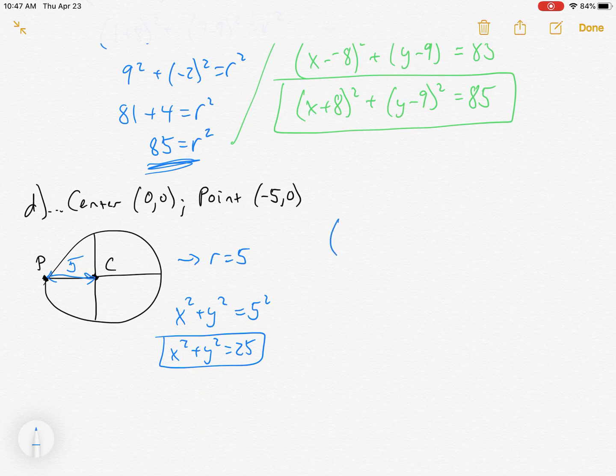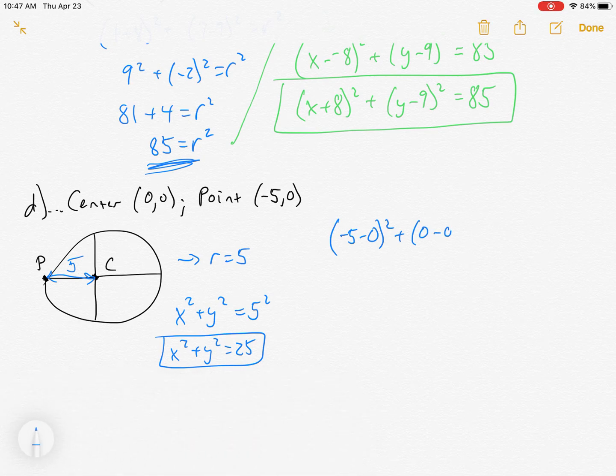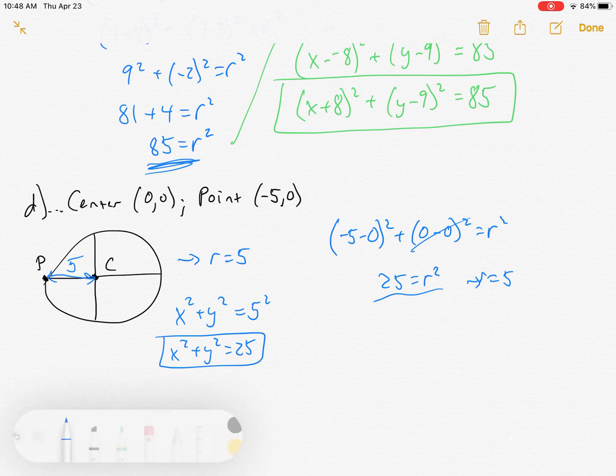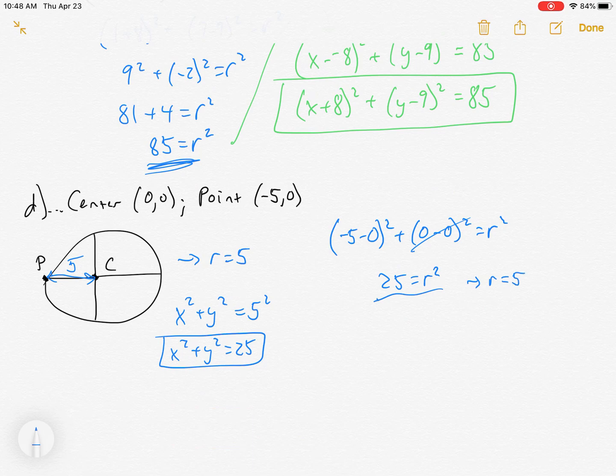Now let's say you didn't think that. You could have done all this other work, which I'm just going to fly through and show you. You could say x minus h quantity squared plus y minus k quantity squared equals r squared. That's nothing. This becomes 25. 25 is r squared. You can find r is 5, but we don't really care.